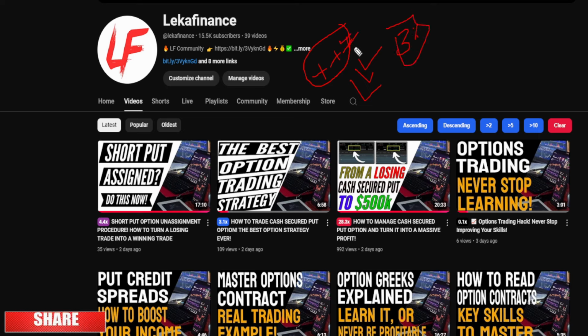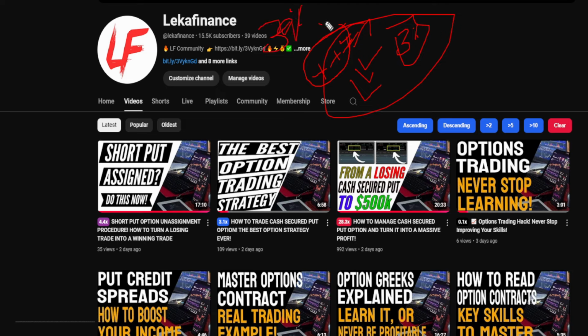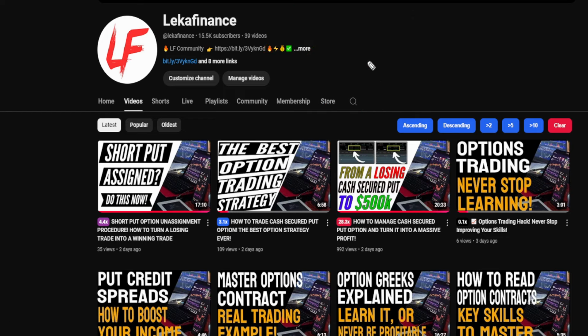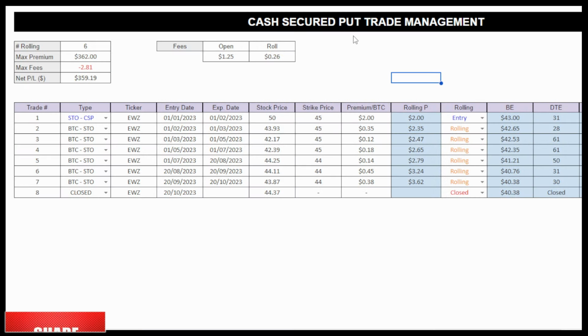Because if you keep adding contracts and in the end one single trade is 30% of your trading account, and this trade goes to zero, which anything can happen, Amazon can go to zero, Meta can go to zero. Anything is possible. That's why we stick with ETFs at the beginning when you don't know what you're doing.